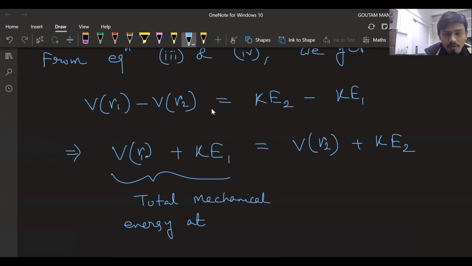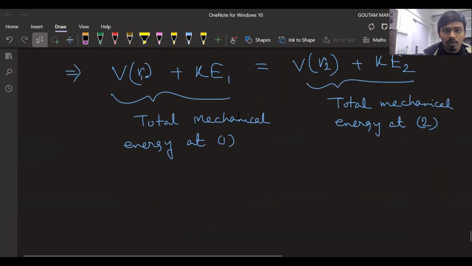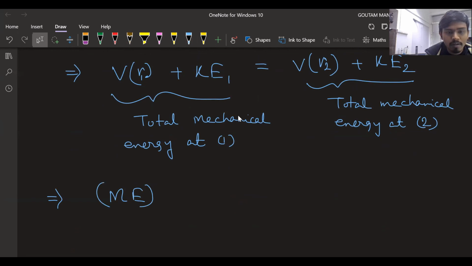at 1, and this is the total mechanical energy at 2. So what we get is that the total mechanical energy at point 1 is equal to the total mechanical energy at point 2.